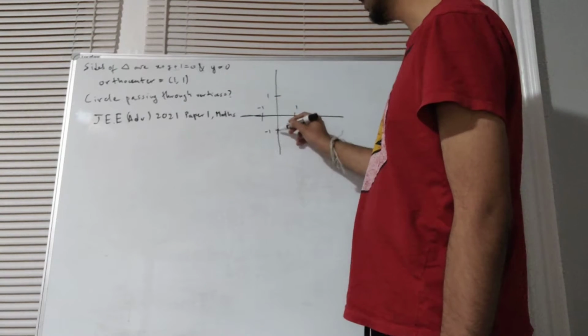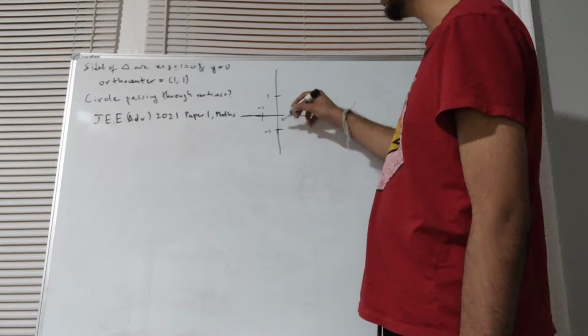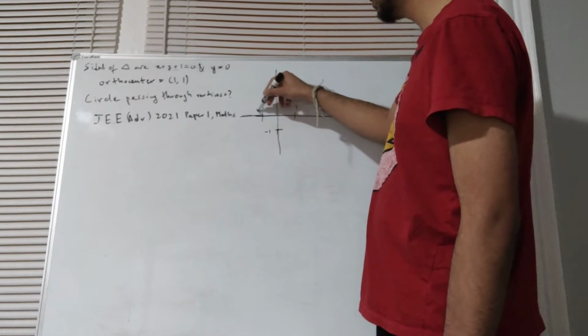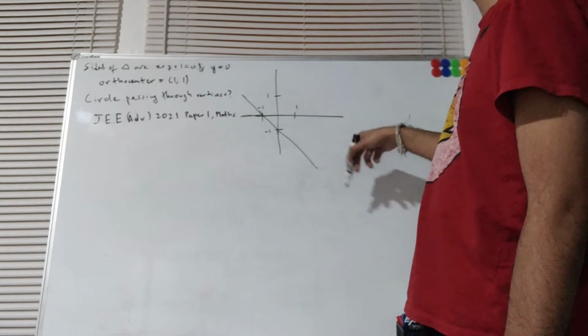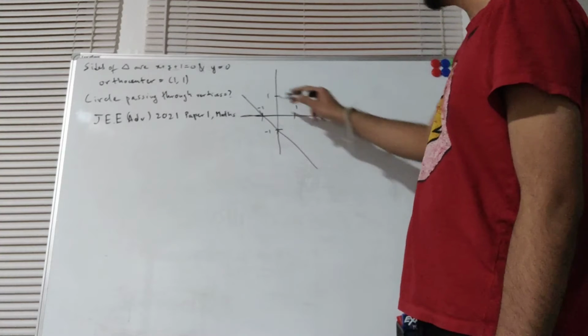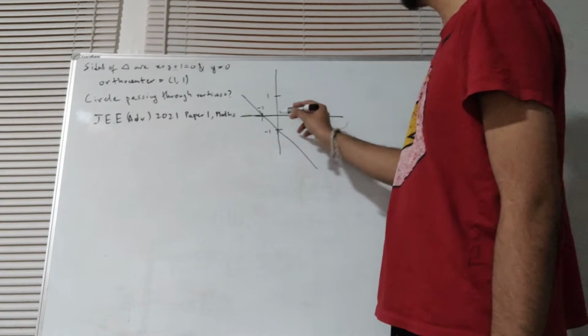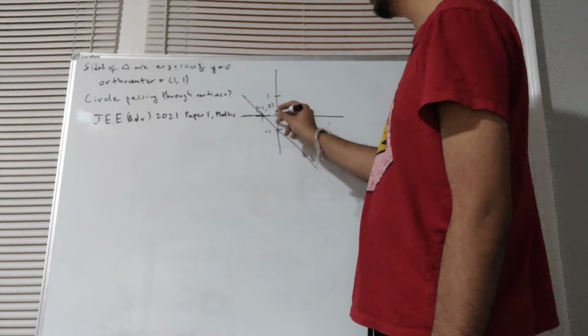So minus 1 comma 0 and 0 comma minus 1 are points on the line. So this is one of the sides and this is one of the sides. So because this and this are sides of the triangle, this has to be a vertex. So minus 1 comma 0 is one of the vertices.